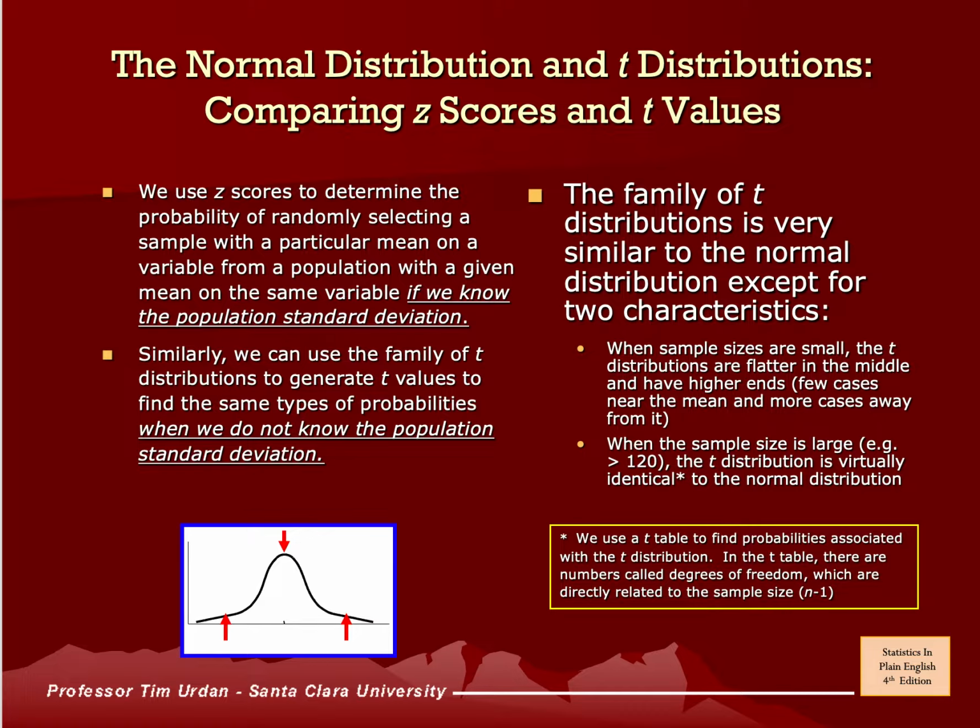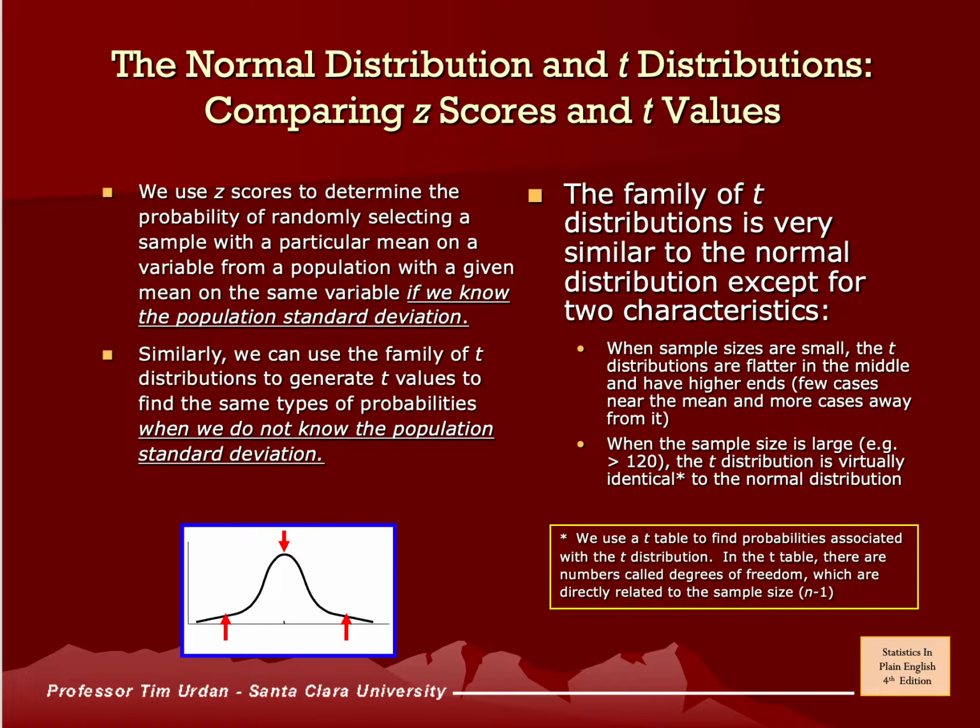The family of t-distributions is very similar to normal distributions. So z-scores, we know, are normal distributions. And t-values are going to be very similar, but they're used when sample sizes are small. And when they are small, the middle and higher ends are near the mean and more cases are away from it. So a t-score is a workaround, basically.